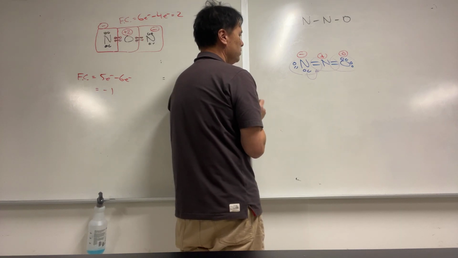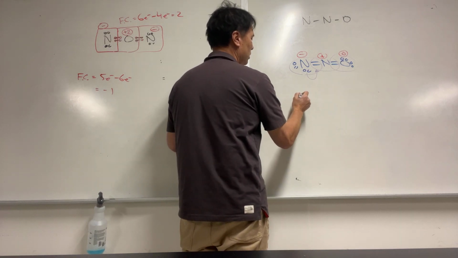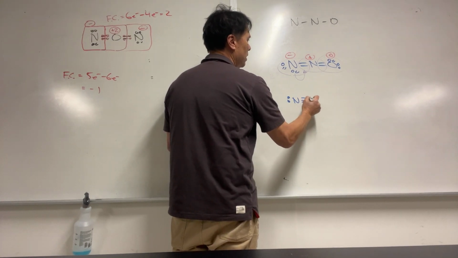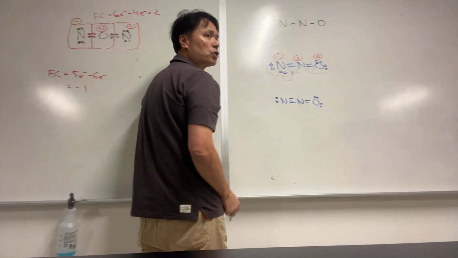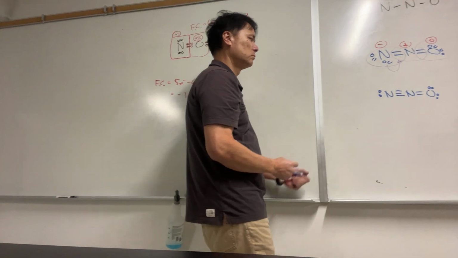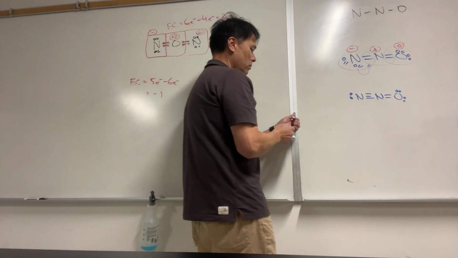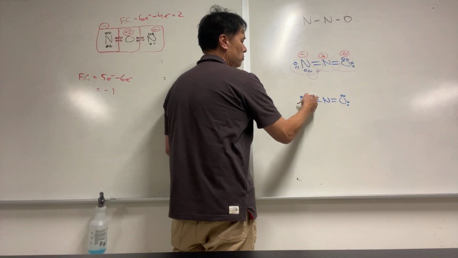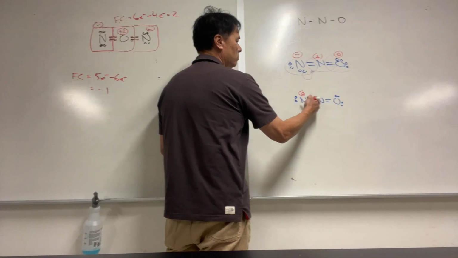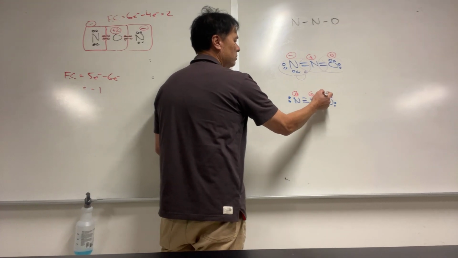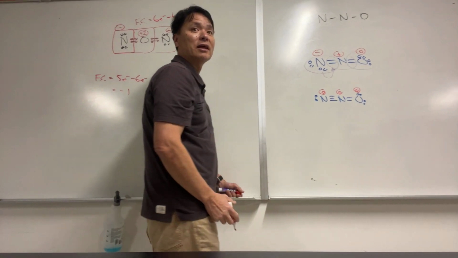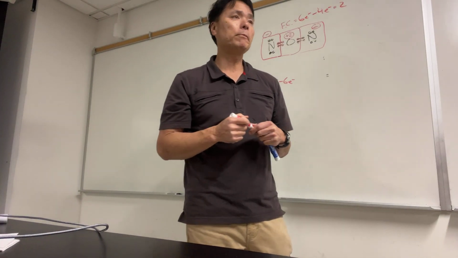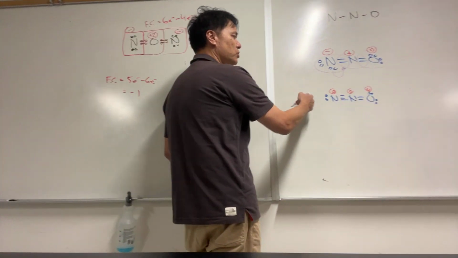So if we do it like this, we go N triple bond N, double bond O. What would the formal charges be? 0, 0, 0. Now if I count 2, 3, 4, 5, that's 0. 1, 2, 3, 4, 5, that's 0. 1, 2, 3, 4, 5, 6, that's 0. And then we have a structure with minimized formal charge.